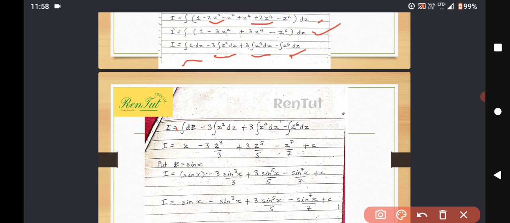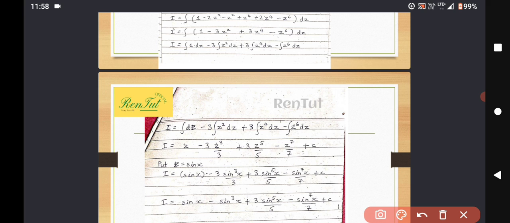Everything, if you see, we can put in this one equation. You can see this equation carefully: integration of dz minus 3 integration of z square dz.